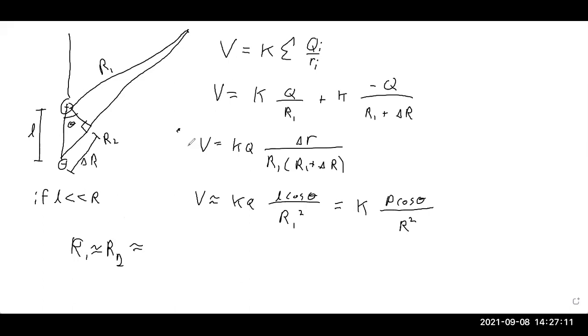So I moved from this line down to this line. One of the steps was assuming that R1 plus delta R is the same as R1. So you could call it the distance to the closer one. Usually you just call it the distance to the middle, because I assume they're close enough just to smear it out and call them the same.